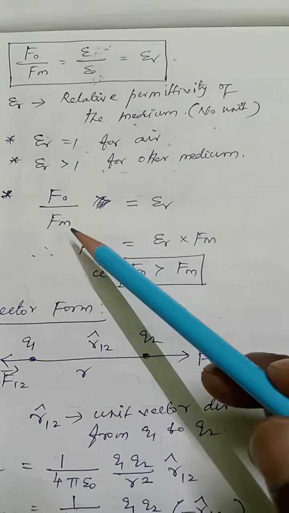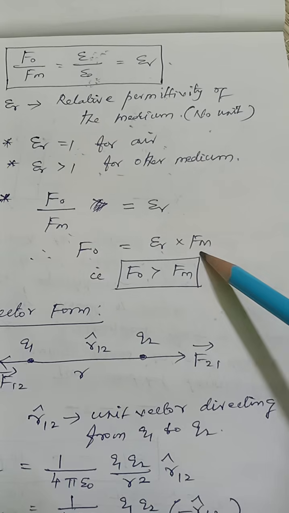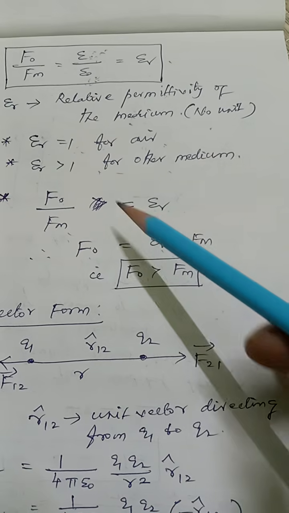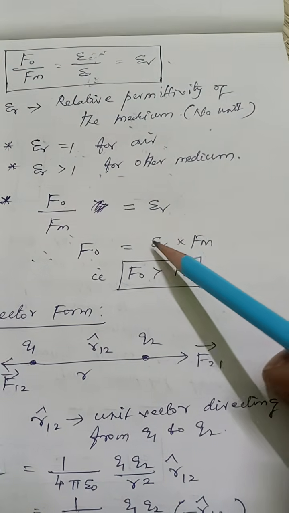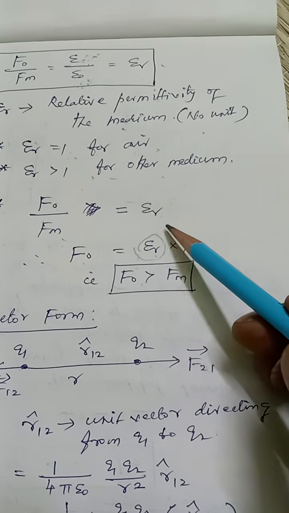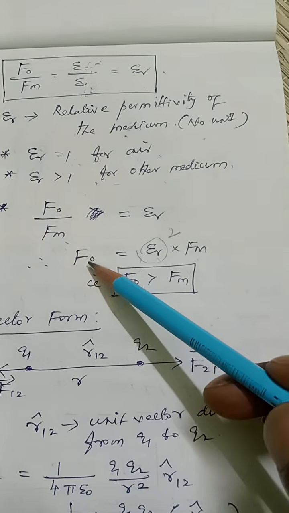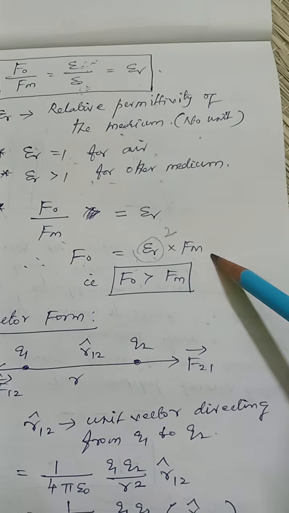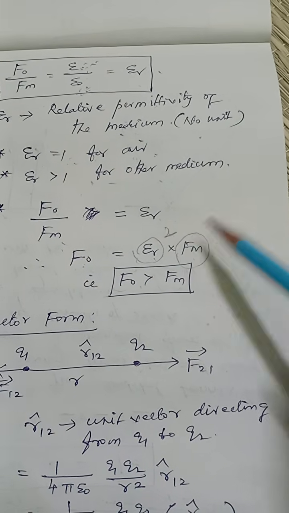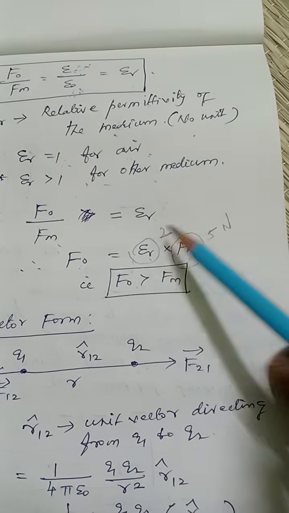So from this, F naught by F m equals epsilon r. If you bring this F m here, we get F naught equal to epsilon r into F m. What we said just now is that epsilon r is greater than 1. If you put 2, then F naught will be 2 times F m, which means if F m is 5 Newton, for example, then F naught will be 2 into 5 Newton.